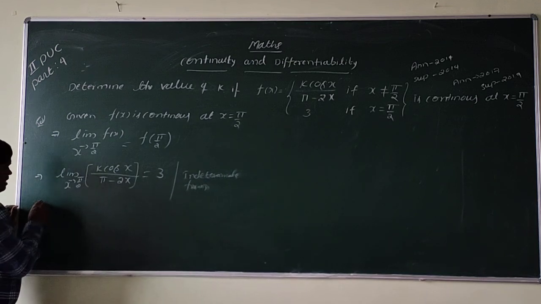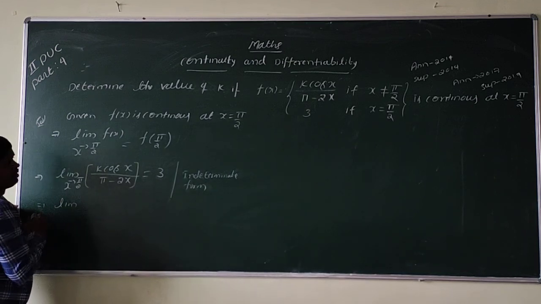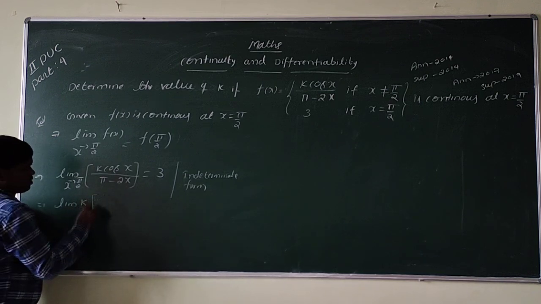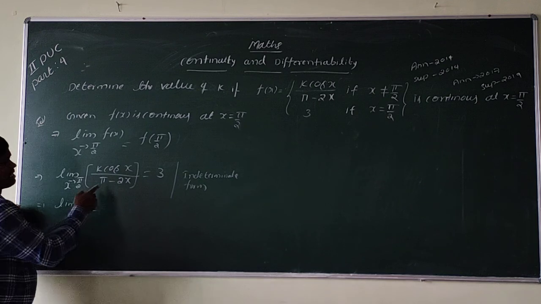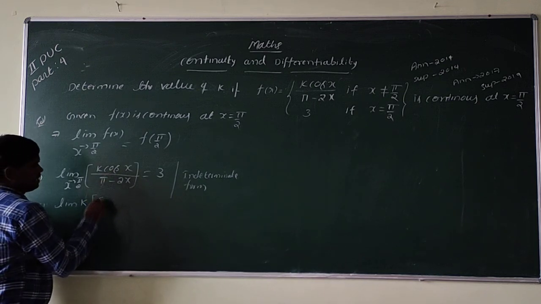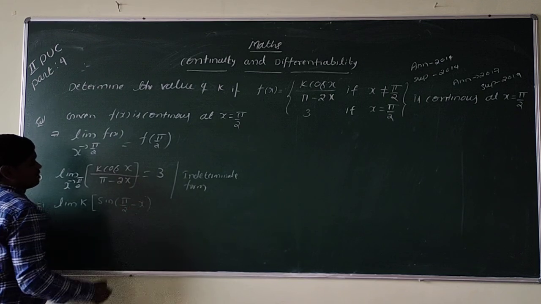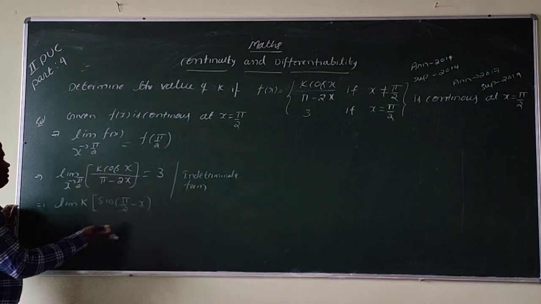So this implies limit of, here k is constant, I am taking k outside. Cos x can be written as sin of pi by 2 minus x. Is it clear? Sin of pi by 2 minus x is equal to cos x.